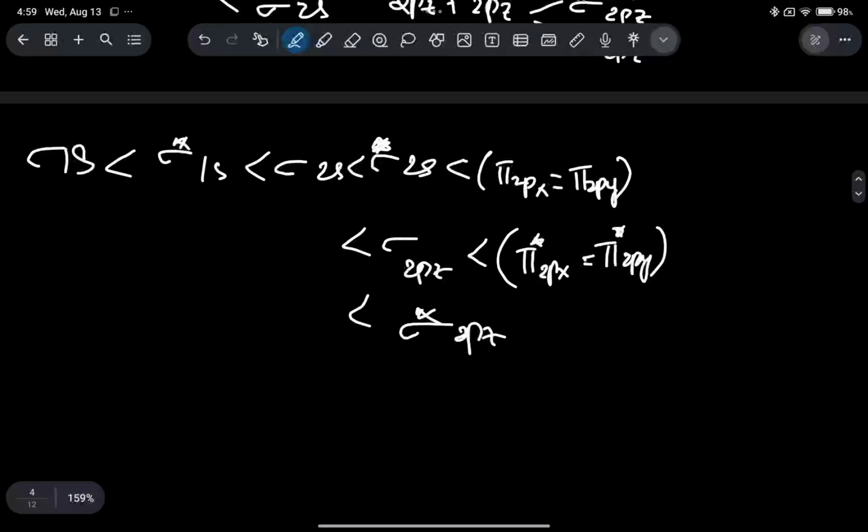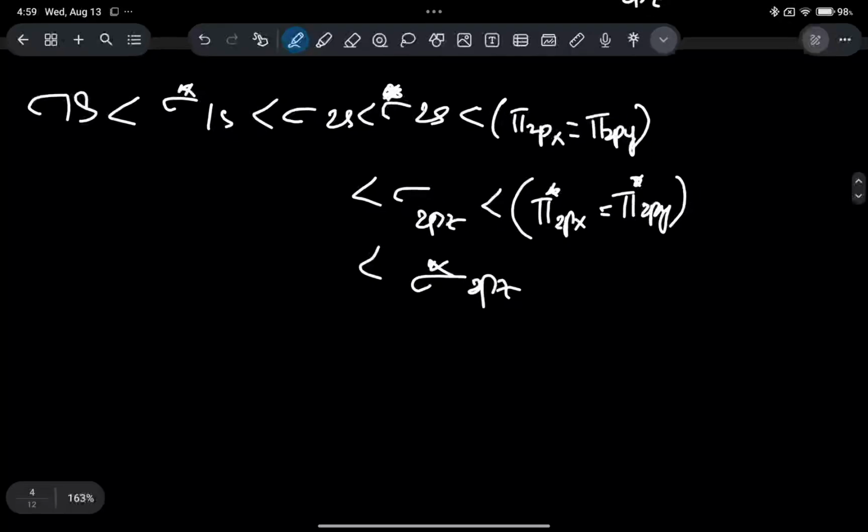So this is how we write the electronic configuration of molecular orbitals. But there are two types: before 14 electrons and after 14 electrons.